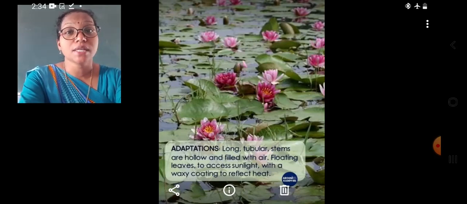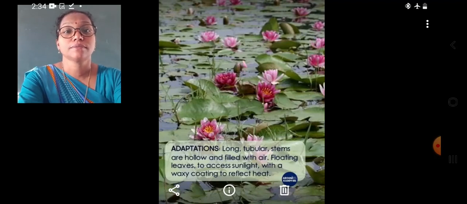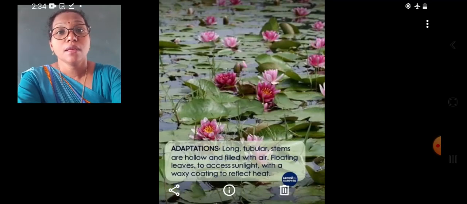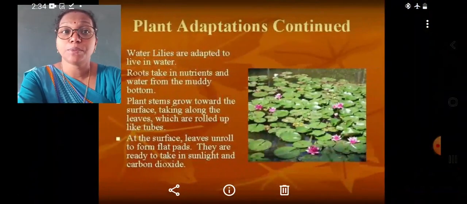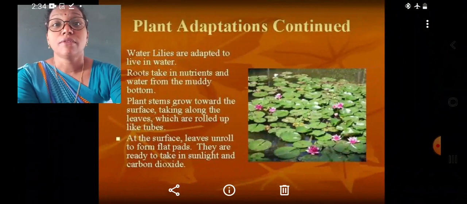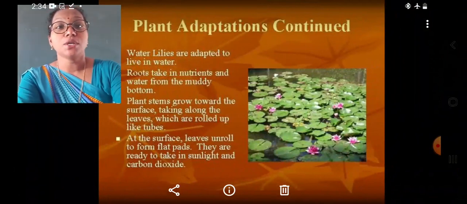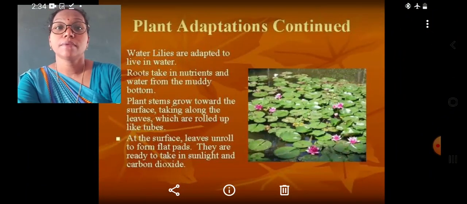Stomata is present on the upper surface of the leaves. The waxy coating protects the leaves from rotting in the water. These are the adaptations. The water lilies are adapted to live in water.